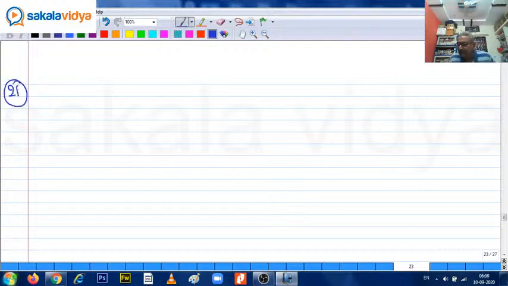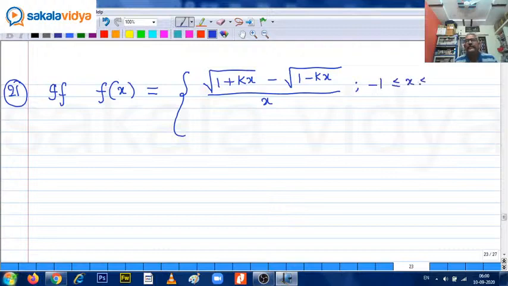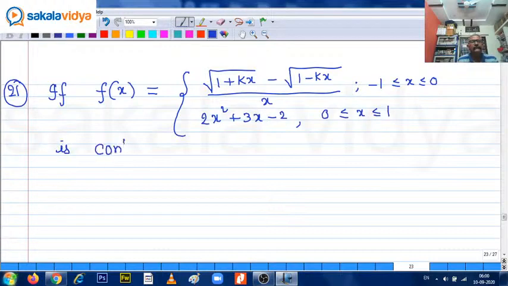21st problem. If f of x equals root of 1 plus kx minus root of 1 minus kx upon x, for minus 1 less than or equal to x less than 0, and 2x square plus 3x minus 2, for 0 less than or equal to x less than or equal to 1, is continuous at x is equal to 0, then what is the value of k?